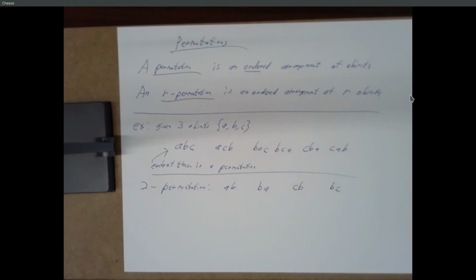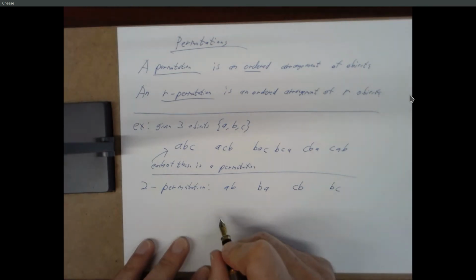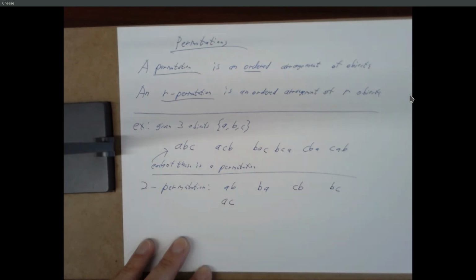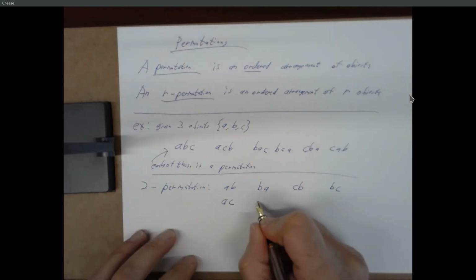Are there any other 2 objects I could pick from that set and arrange in a way that I haven't already listed? You can pick AB, AC, and BC, 3 different combinations of 2. So I could do AC. And what was the other one? CA. CA, good.